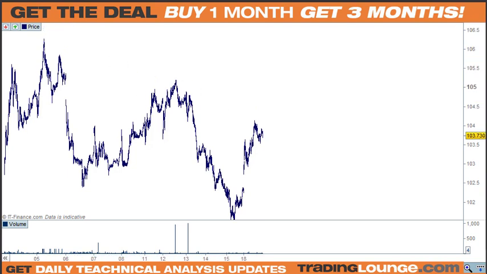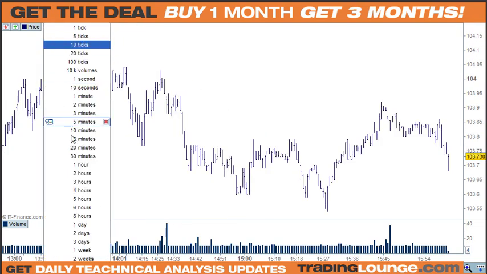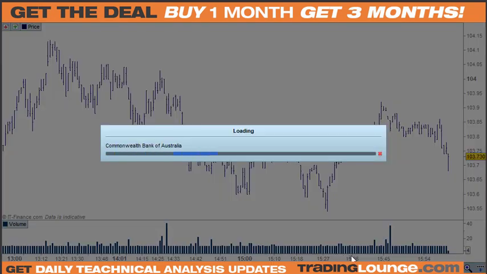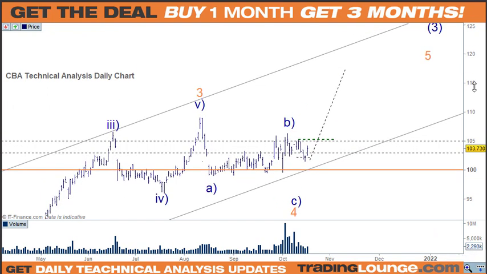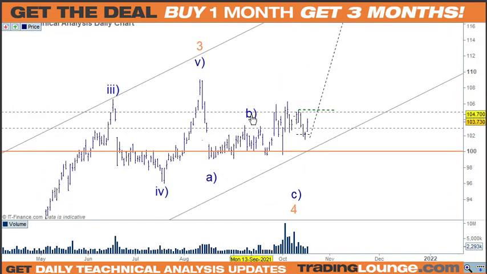Okay, so if we just go back to the daily chart for a moment and come back over here. So we're thinking now, I don't know where this wave 4 is. Okay, so that's one of my problems.